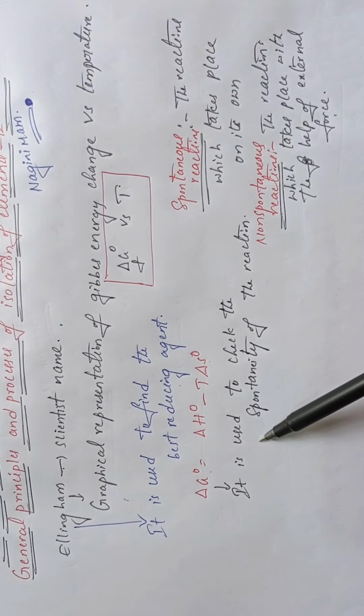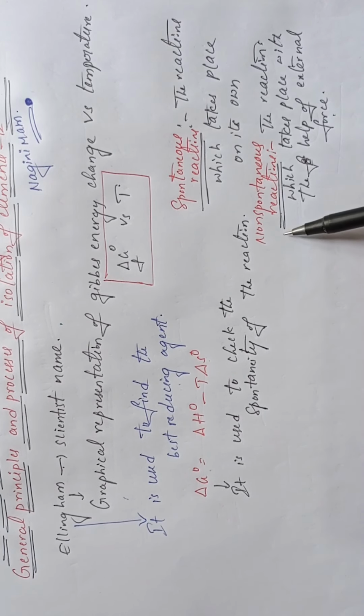So delta G naught is used to check the spontaneity of the reaction, students.